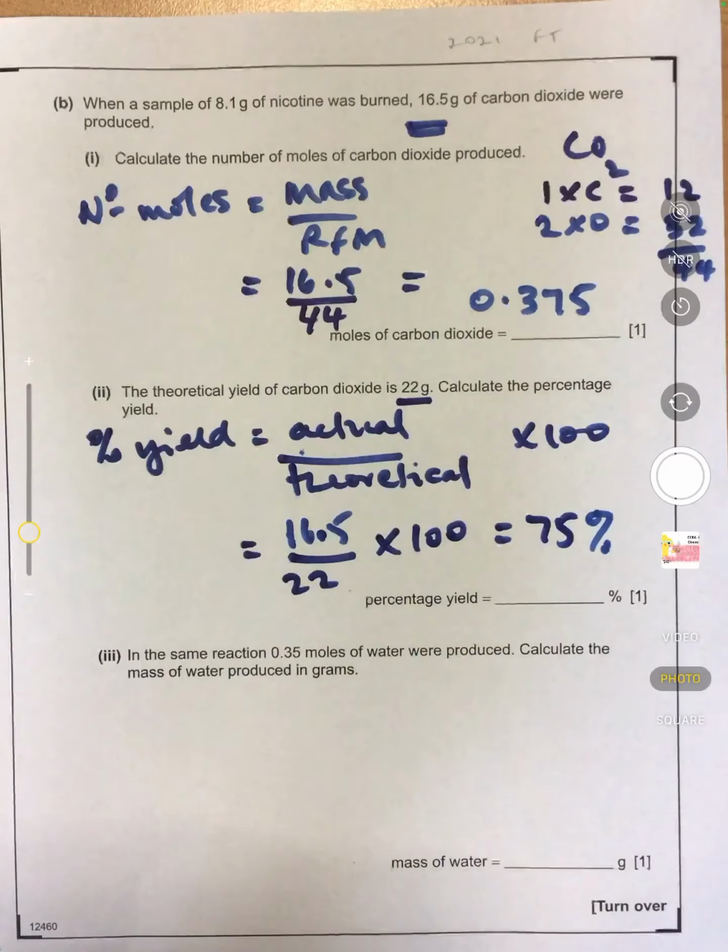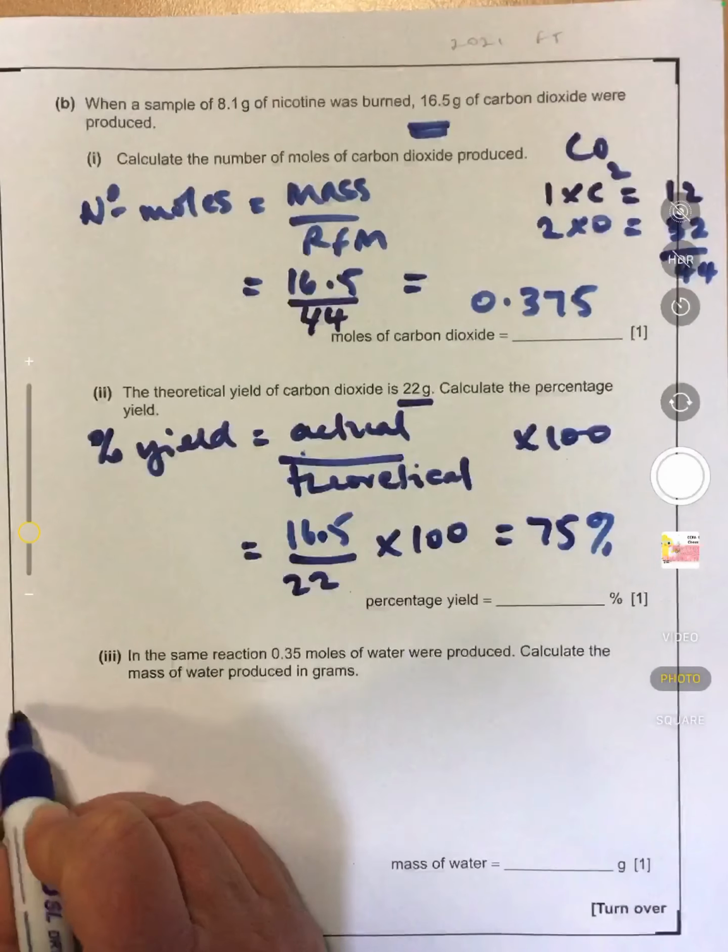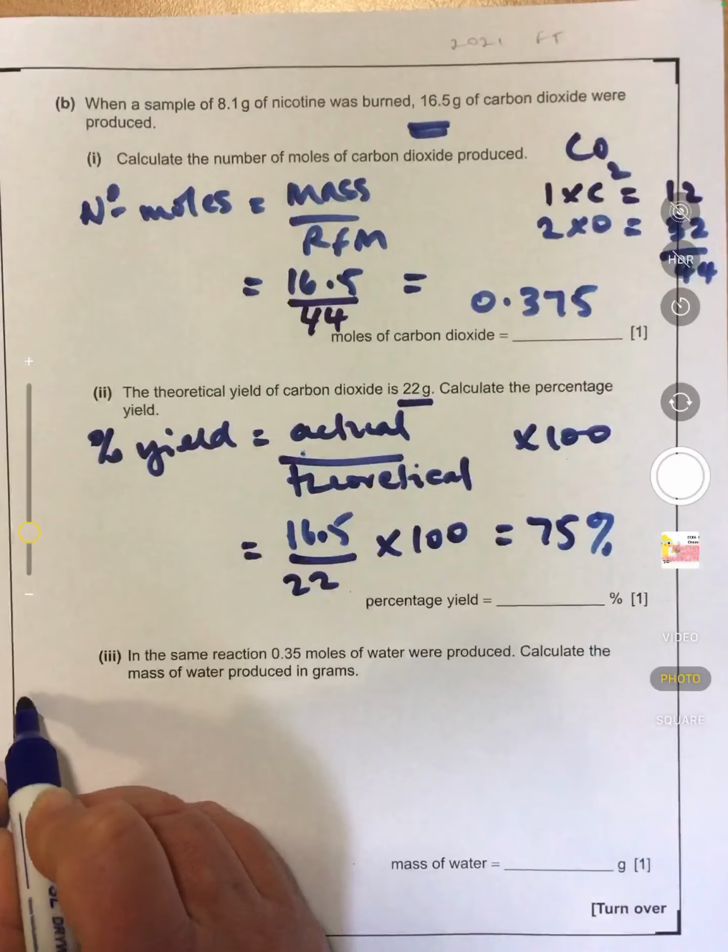It says, in the same reaction, 0.35 moles of water were produced. Calculate the mass of water produced in grams. I'm going to start here by saying that the formula mass of water, H2O, is 2 hydrogens, which is 2, and 1 oxygen, which is 16, so that's a total of 18.